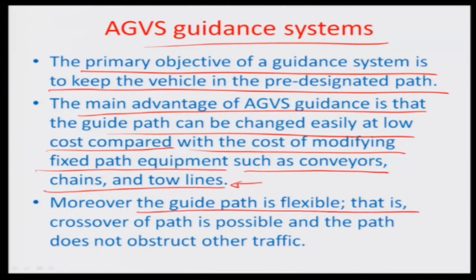Moreover, the guide path is flexible, that is, crossover of the path is possible and the path does not obstruct other traffic. So, it is all by signal matching or frequency matching that some selection of the path can happen if you have a unit which can recommend a particular frequency or do a local frequency selection on the vehicle unit itself.